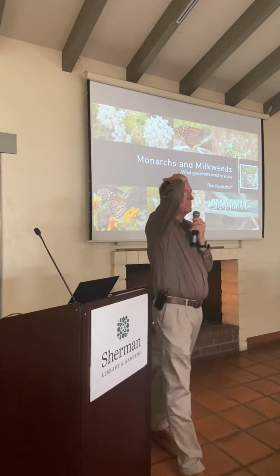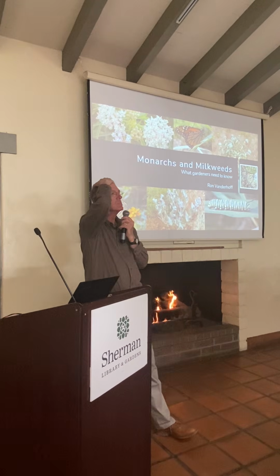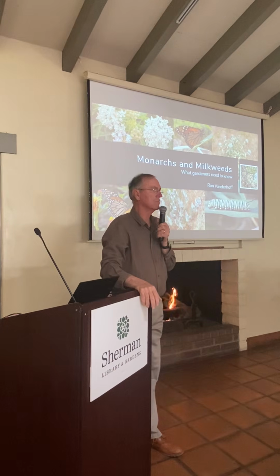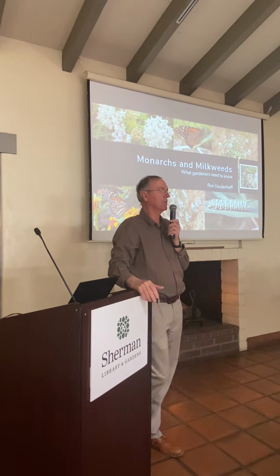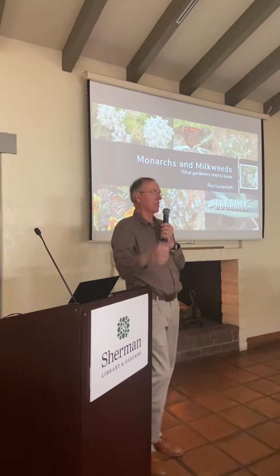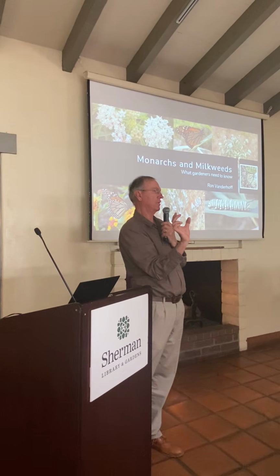A question: you said what gardeners shouldn't do, and the second line item was avoid pesticides, especially neonicotinoids. So you shouldn't avoid them, or you should avoid them? I probably didn't type that right. You should avoid neonicotinoids. You should avoid pesticides as much as you can, but particularly a group of pesticides called neonicotinoids.